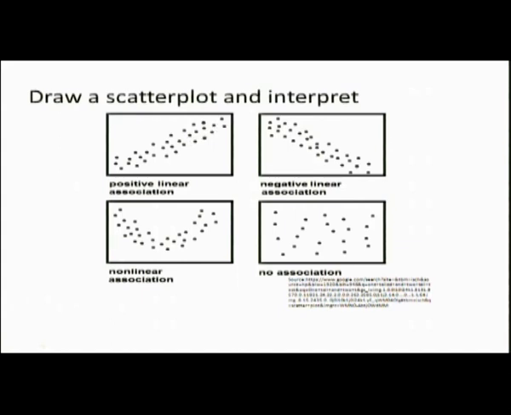And since it is possible for you to draw a straight line passing through most of these points in such a manner that a large number of points fall on the straight line, some points are above the straight line and some points are below the straight line, this kind of relationship is called positive and linear association. It is positive because both x and y change in the same direction, and it is linear because this pattern suggests a linear relationship between x and y. I will explain the term linear a little later.